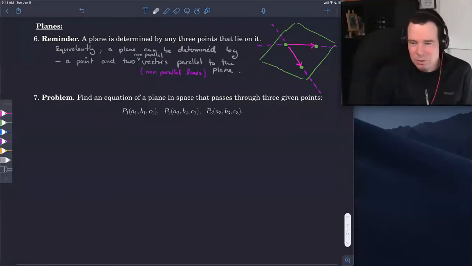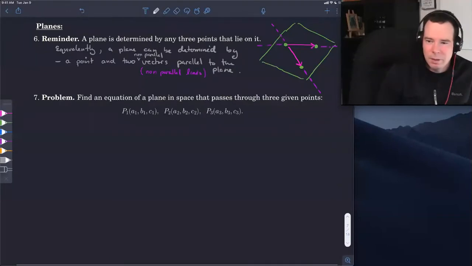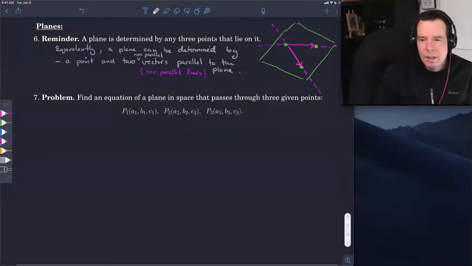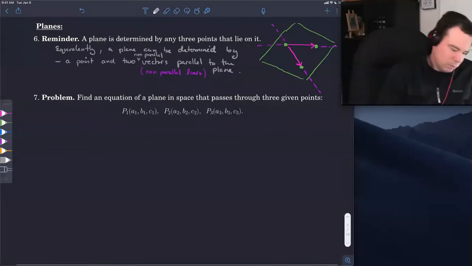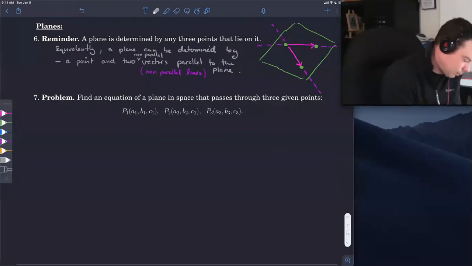And I still haven't defined a plane because I've only given you essentially one direction that has to be parallel to the plane. There needs to be a second non-parallel one to completely capture it. So a point and two, to be specific, non-parallel vectors. So that's similarly the two lines there that lie in the plane.